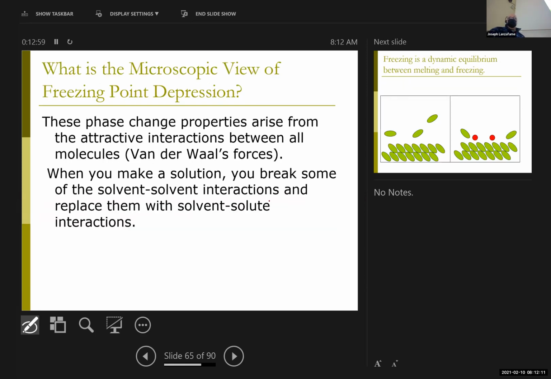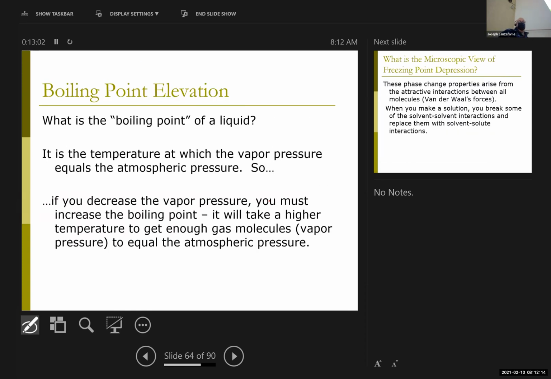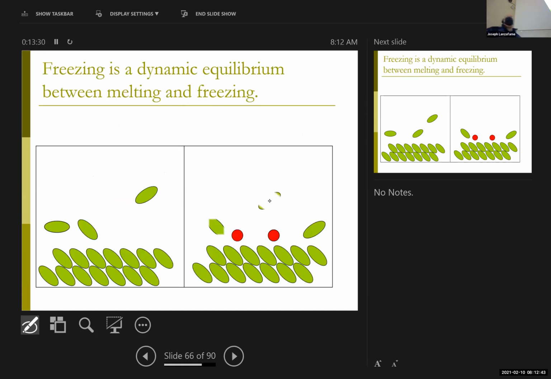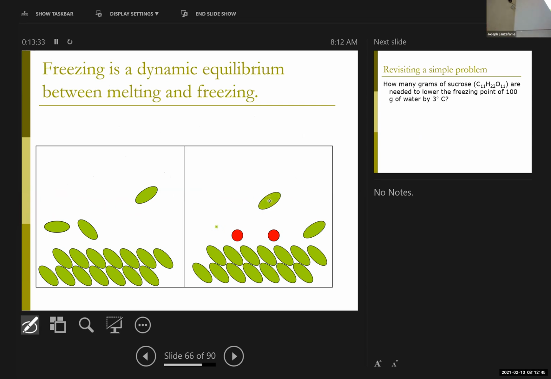All right, and if I do it for boiling point, we talked about how the reason it's a colligative property is because there's a surface blocking phenomenon from the solute molecules. And I mentioned very quickly, flashing forward to this slide, that there's a similar microscopic view of the freezing point depression. The reason it ends up being a colligative property is because the presence of a solute in the liquid gets in the way of lattice formation for the solid.